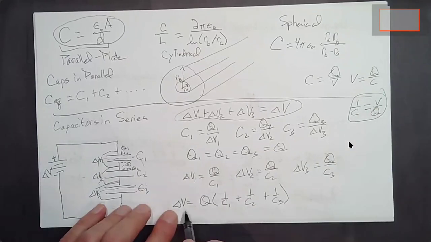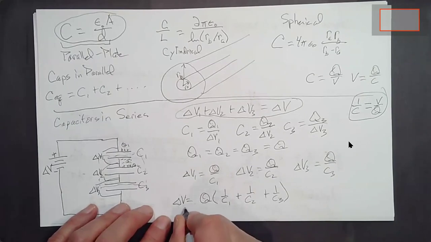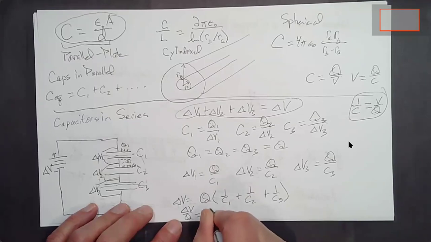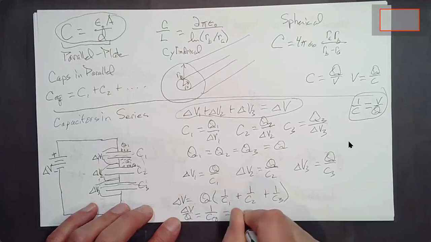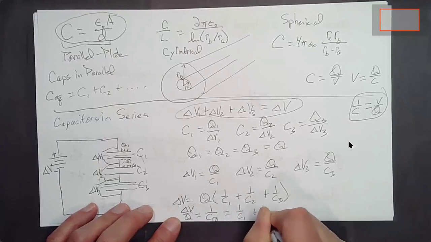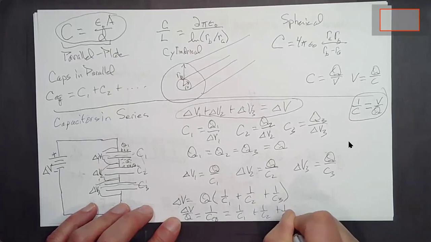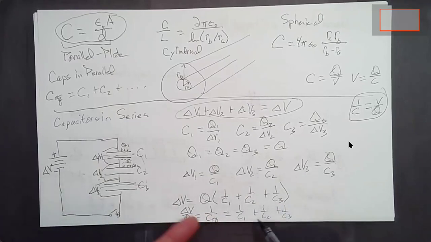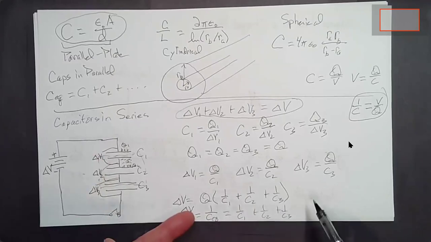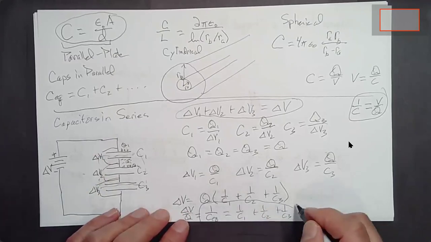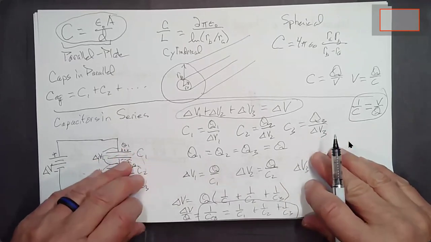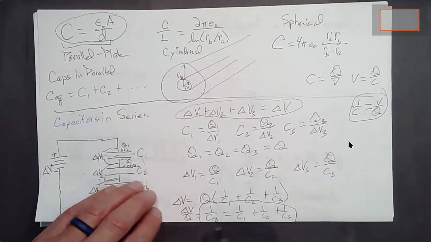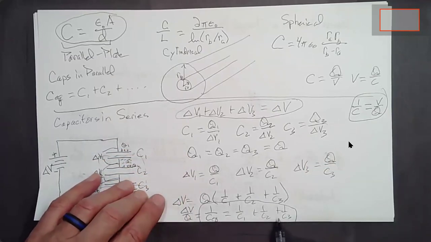Okay, well, if I take delta V and divide by Q, delta V over Q, that'll be 1 over my equivalent capacitance, and it ends up equaling 1 over C1 plus 1 over C2 plus 1 over C3. What this tells us is that capacitors in series end up adding the way resistors in parallel did. So that's another thing that kind of pops out of here. And we may have a reason or a way to use this today.